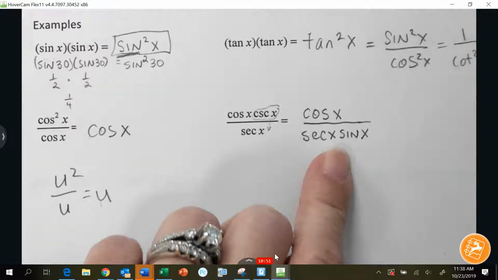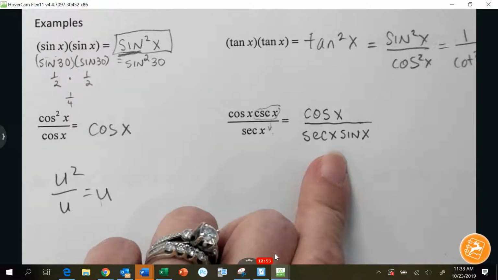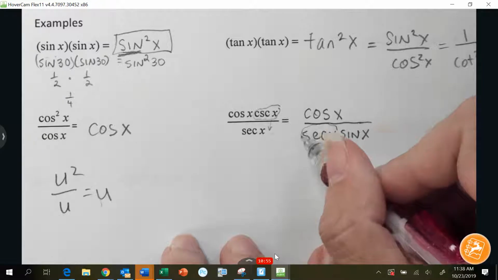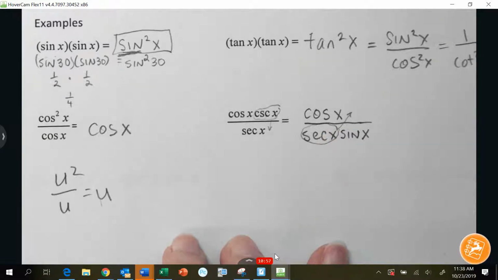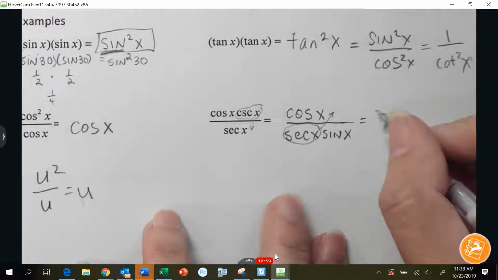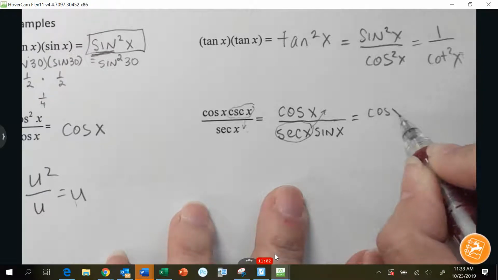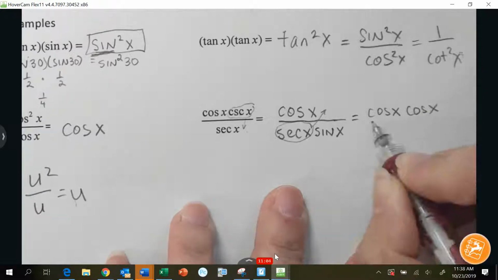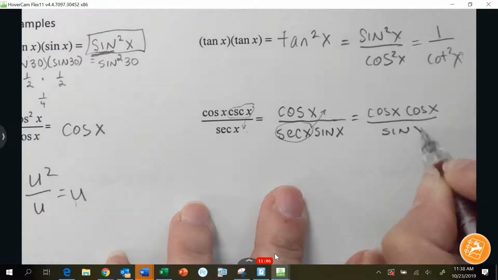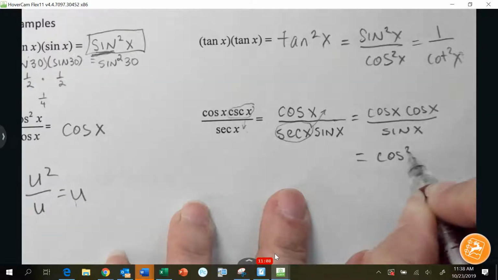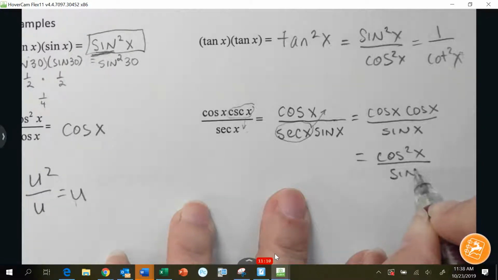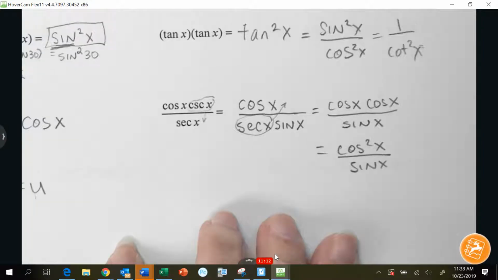Is there anything else I could change here? You think I maybe want to change secant? I'm going to put it up on top. What's it become on top? Eventually it does, right? But maybe I didn't want it to look like that.